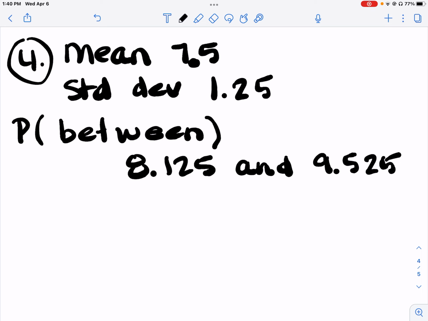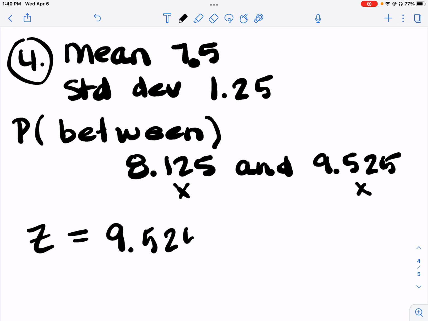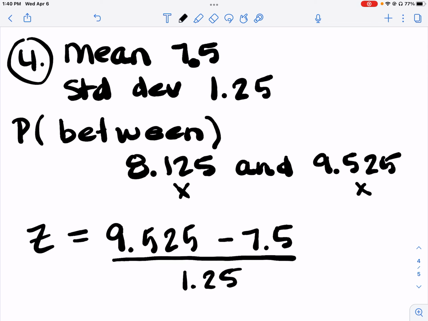Okay, so we need to change each weight to a z-score. Okay, these are x because they're the real number, change to z. Okay, so I'm going to do the bigger one first, which is the 9.525. Subtract the mean, divide by standard, and that gives us 1.62 for the bigger z.